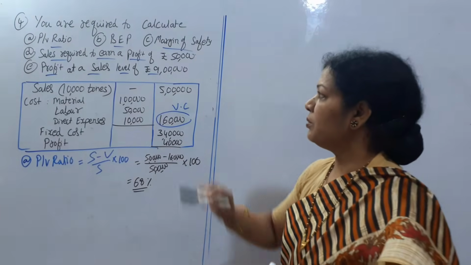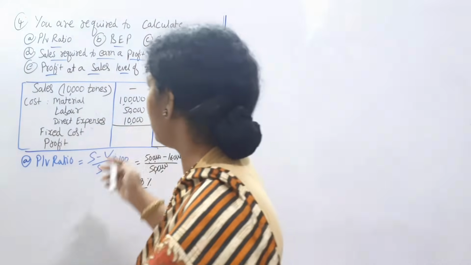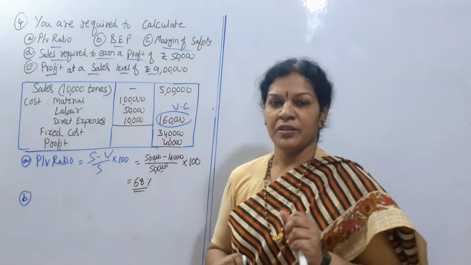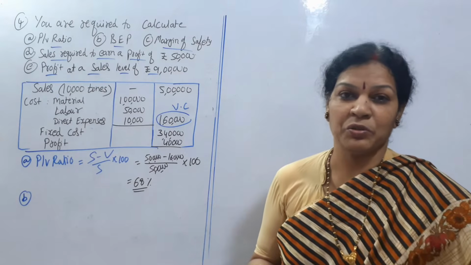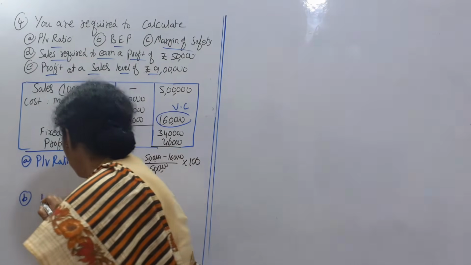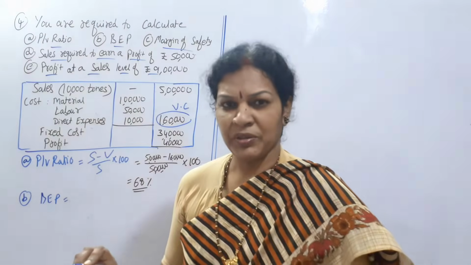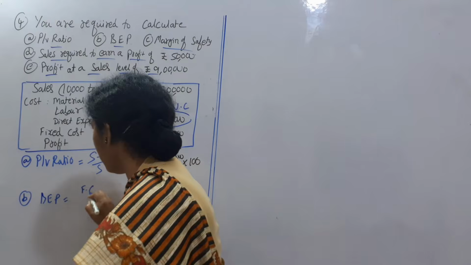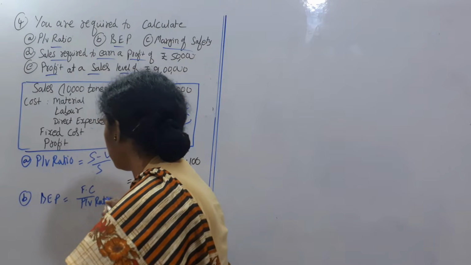Next, what we need? Break-even point. Break-even point in value we can take directly, because sales per unit and variable cost per unit are not given, so we cannot calculate break-even point in units. So we can calculate break-even point through value only. Break-even point is equal to, second formula we can use directly, most of the time we'll use this formula only: fixed cost by PV ratio. Remember this.